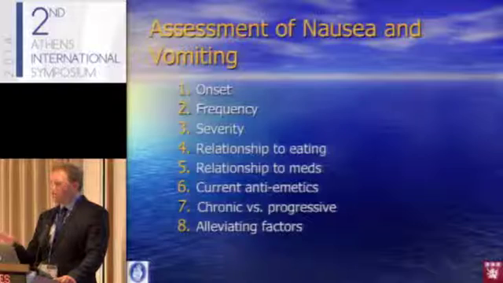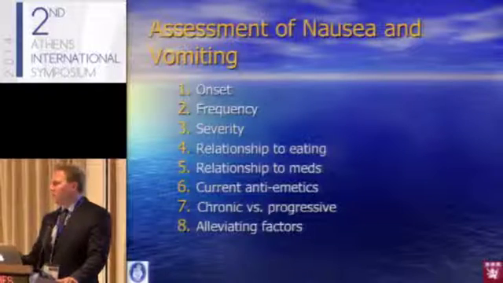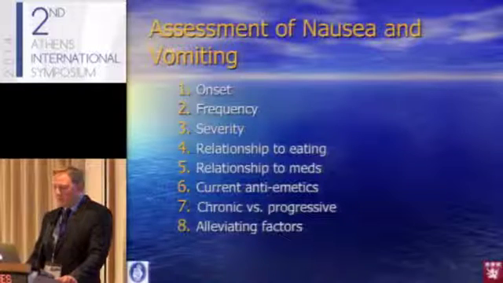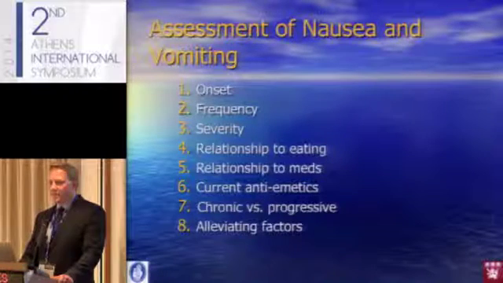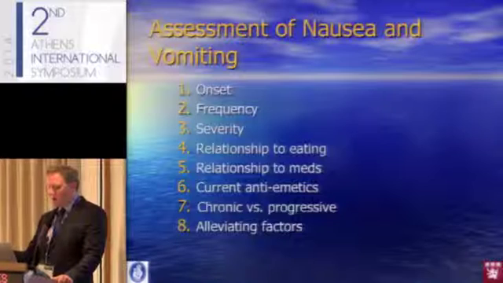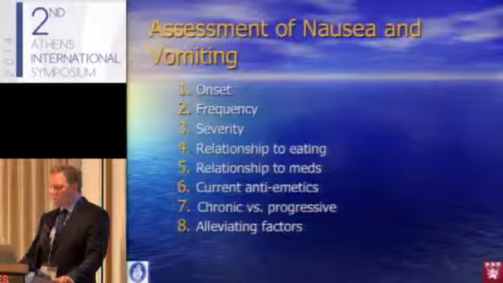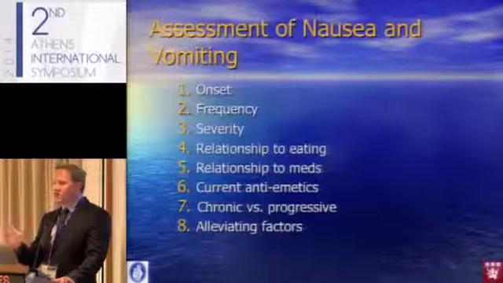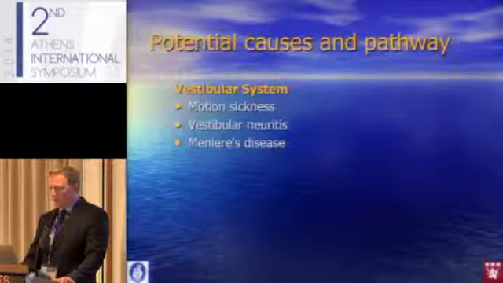Is there any relationship to the food that you consume, or to any medications that you use? Have you started a new medication recently? Are you using any antiemetic drugs recently? Have you been nauseous for a long time, or is that something that started recently? Are there any things that help you with the nausea or anything that makes it worse? You may see that this has some similarity to the questions that you would ask somebody with pain. So you can ask similar questions for nausea and vomiting.